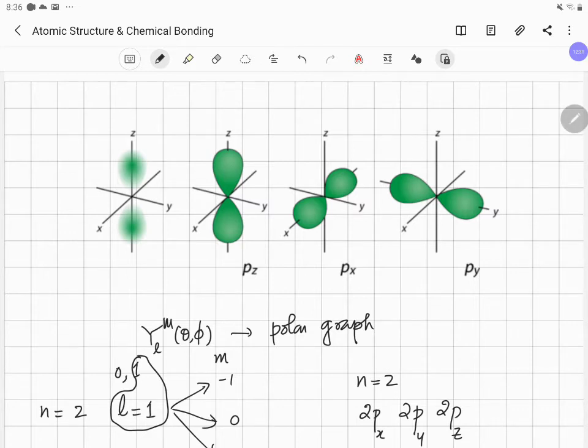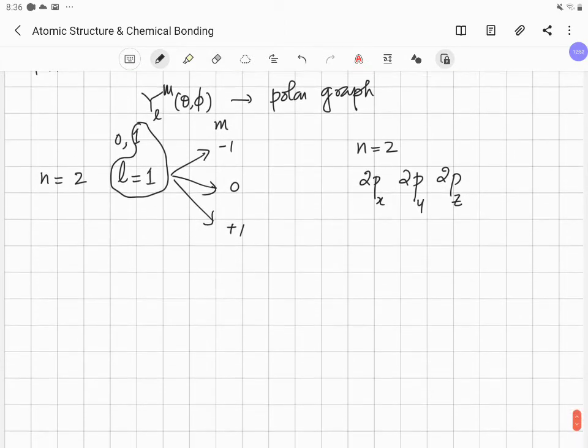You can see that this is plotted by plotting the probabilities, by plotting the modulus of psi square d tau, and for the angular part only. We are not plotting the radial part, we are plotting the angular part only.